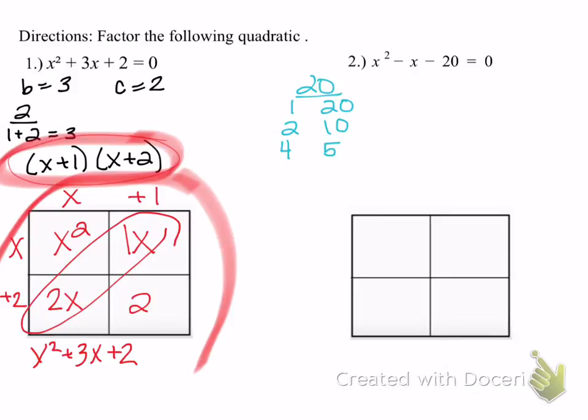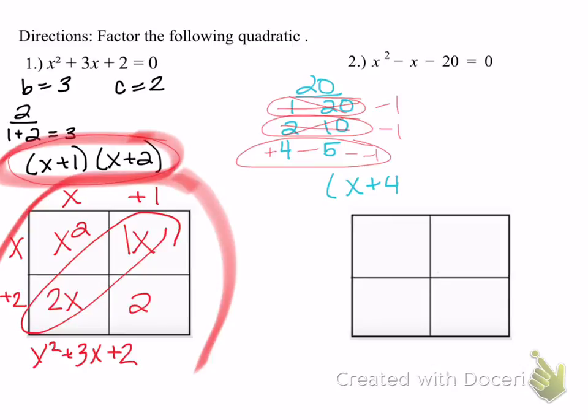In any situation, is 1 and 20 going to get me -1? No, so those are out. What about 2 and 10? No, those are out. Lastly, we've got 4 and 5, and we can see that positive 4 minus 5 gives me -1. So my answer in this case is x plus 4 and x minus 5.